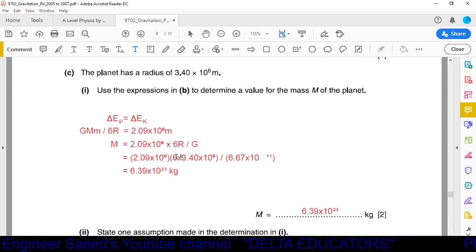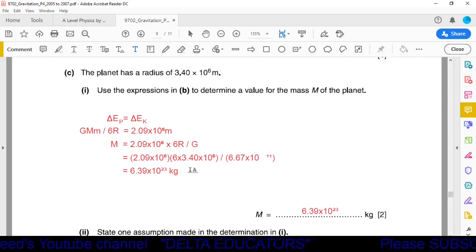Now we have to substitute the values. 2.09 × 10^6 as it is, and 6R, where R is the radius of the planet, which is 3.40 × 10^6.